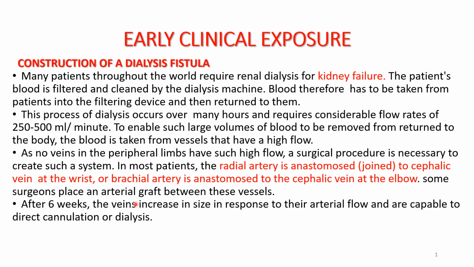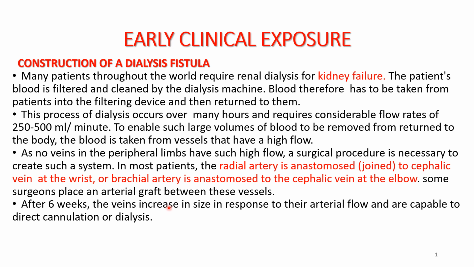Some surgeons place a graft between these vessels. After 6 weeks, the veins increase in size in response to the arterial flow and are capable of direct cannulation for dialysis. Okay, so this is how we construct a dialysis fistula between an artery and a vein.